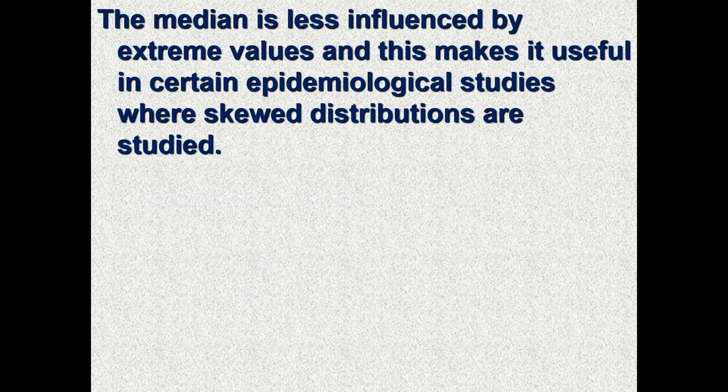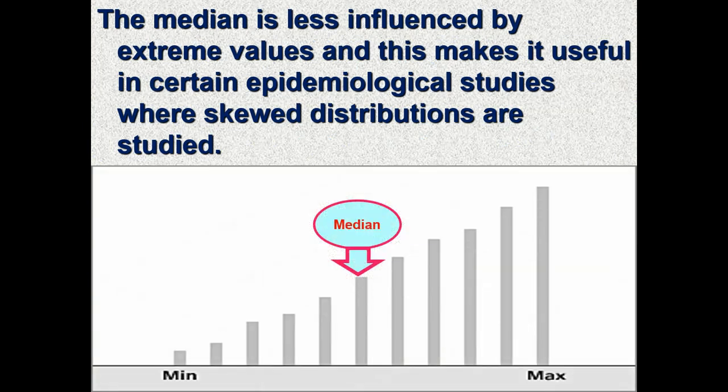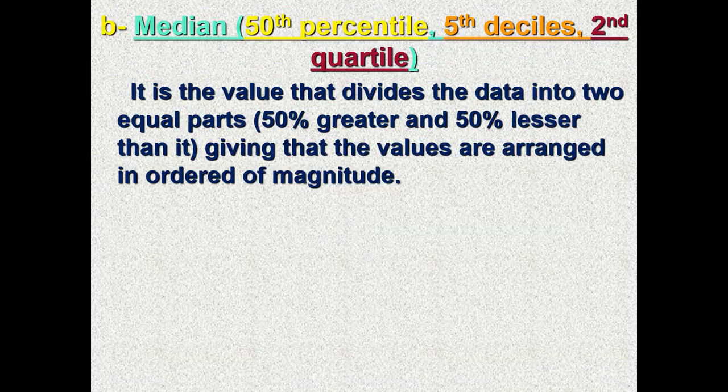Now, the second measure of central tendency is the median, which is less influenced by extreme values, and this makes it useful in certain epidemiological studies where skewed distributions are studied. median نصفط البيانات من أقل قيمة إلى أعلى قيمة وناخذ القيمة الوسطى اللي هي تعبر لنا عن الميديان. median اللي أيضا يسمونه 50th percentile or 5th decile or 2nd quartile.